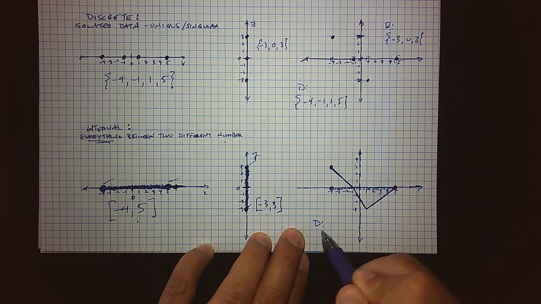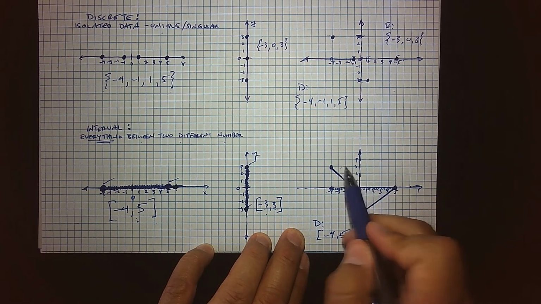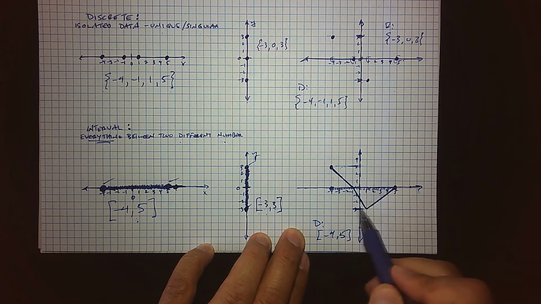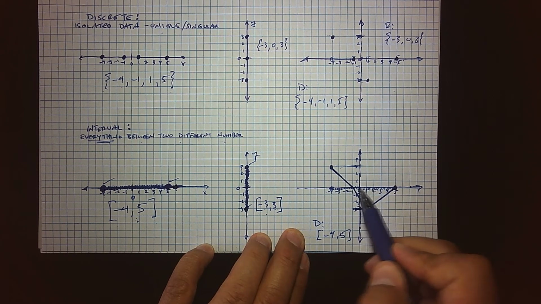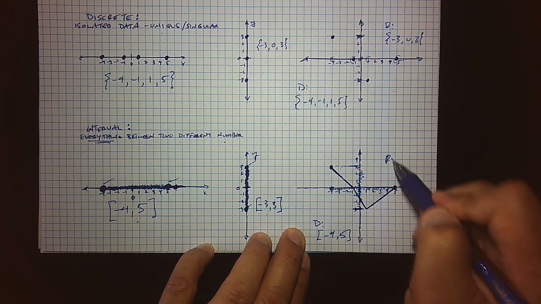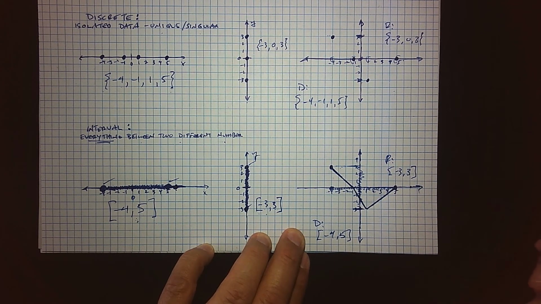So the domain would be negative 4 to 5. The range, well, we look again, what's covering the y-axis? The graph starts from negative 3, and we have y values being outputted all the way to positive 3. So the range in this case would be negative 3 to 3 in interval notation.